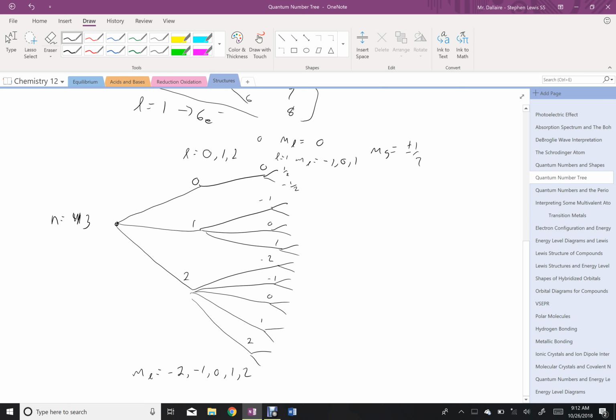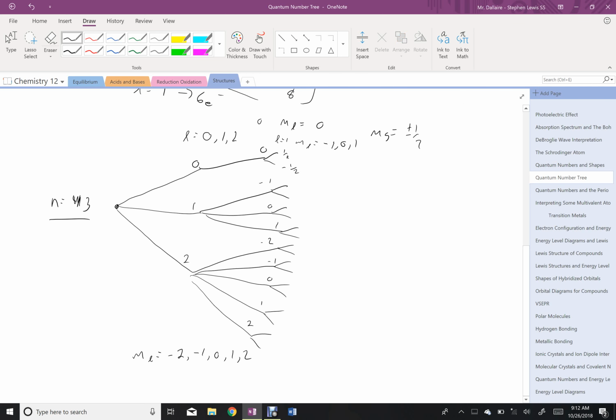And so what this tree illustrates is that n equals 3 is comprised of 2 L equals 0 electrons, 6 L equals 1 electrons, and 10 L equals 2 electrons, for a total of 2, 6, 10, a capacity of 18 electrons.